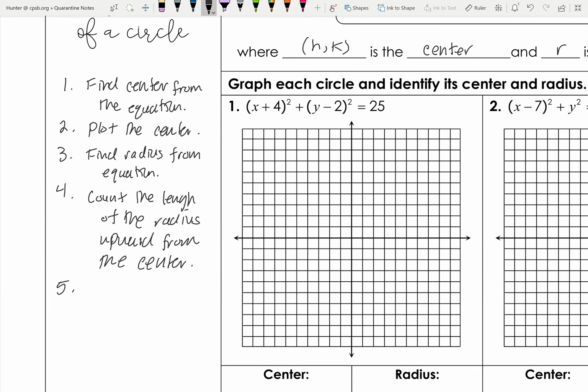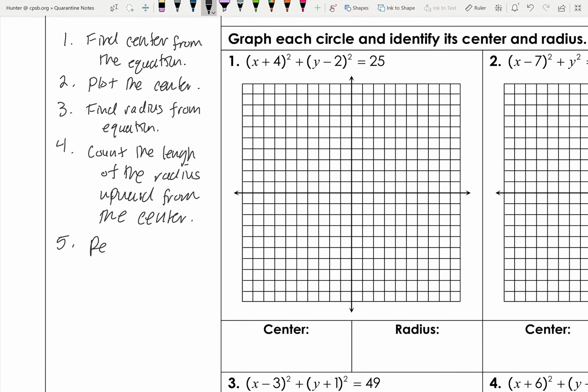And then you're going to repeat this to the left, right, and down. Alright, so if we have this down, we see the steps for plotting.